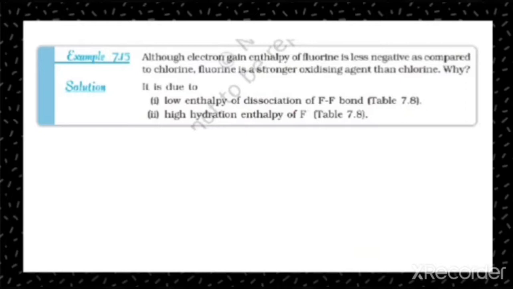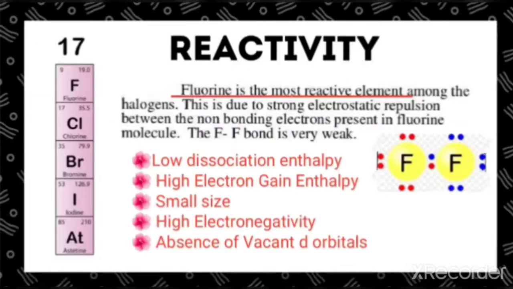This is a reasoning question comparing fluorine and chlorine. I told you, whenever a reasoning question is related to fluorine with its own members, there are 5 points that you need to remember. These are the 5 points.